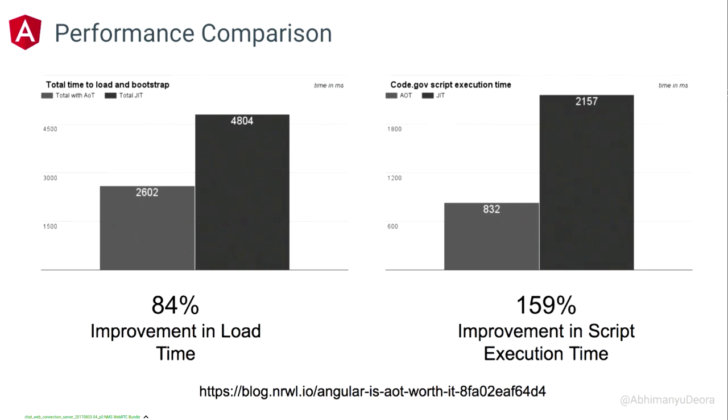And on code.gov, when he converted it from JIT to AOT, he saw a 159% improvement in script execution time. I think there was a study Amazon did a few years back where they saw that every 100 milliseconds of latency led to a 1% decrease in revenue. That's actually pretty huge, even if you don't operate on the scale of Amazon. In a world where 100 milliseconds of latency leads to that much decrease in revenue, performance is really essential. Not only does it impact the user experience and make things nicer for the user, it can directly impact your bottom line.